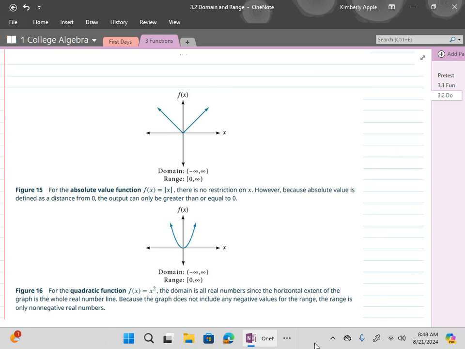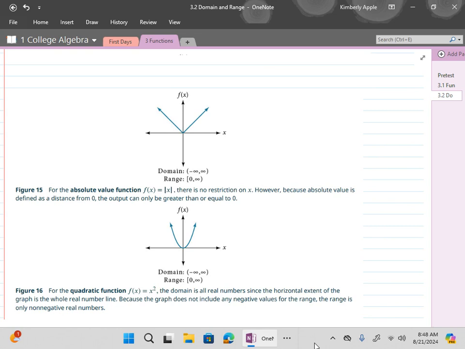Well, it takes everything and makes it positive. So the outputs for that function will be everything except the negative numbers. So would we include zero? Yes, the absolute value of zero is zero. Then it starts to flip-flop. The absolute value of -1 is positive 1. So that's why it only exists vertically in the positive quadrants.